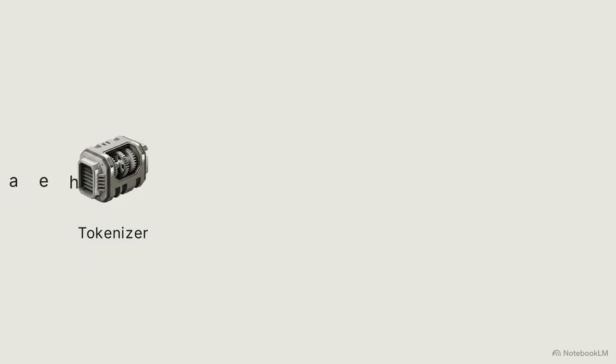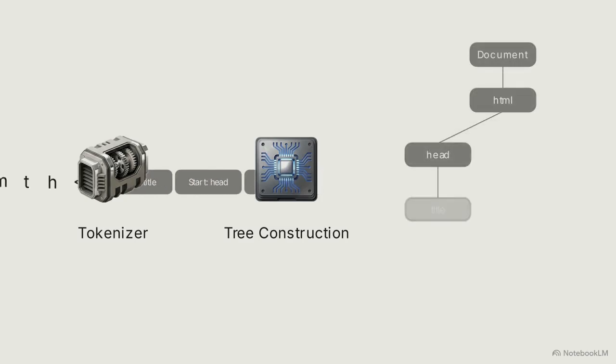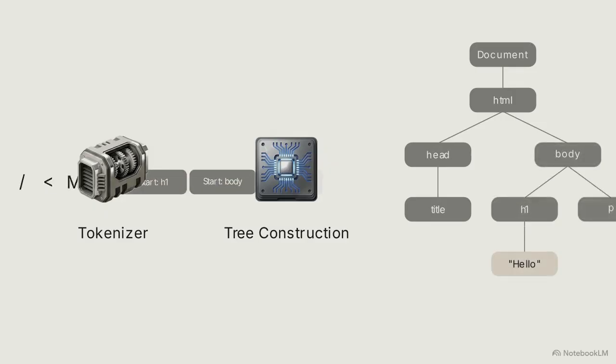The browser receives a raw stream of Unicode characters from the network and feeds them into a tokenizer. The tokenizer analyzes the characters and converts them into discrete packets of data, separating start tags, end tags, and raw text into recognizable tokens. Those tokens are then passed to the tree construction stage, where they are mathematically organized into the hierarchical nodes of the document object model, or DOM.